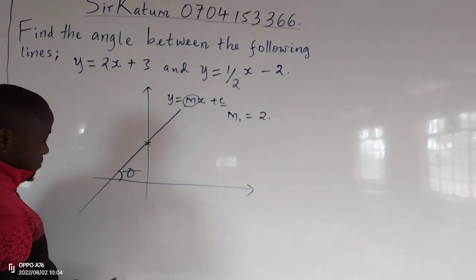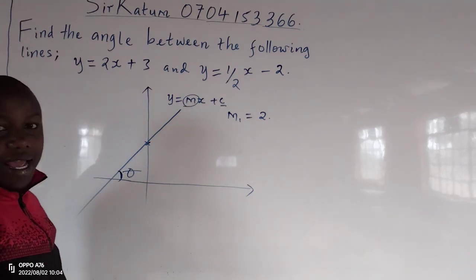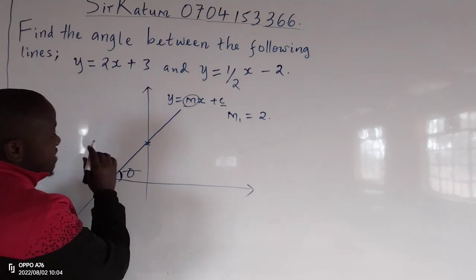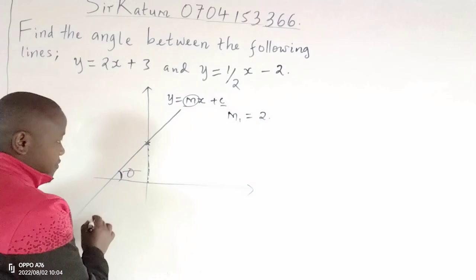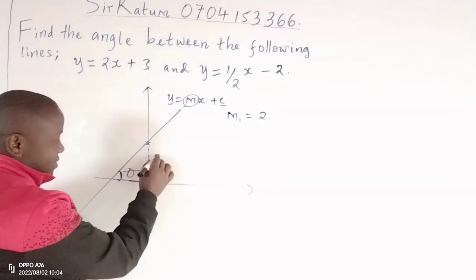With reference to the angle made here, the gradient is given by the change in the coordinates of y divided by the change in the coordinates of x.